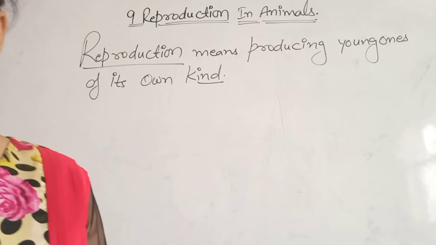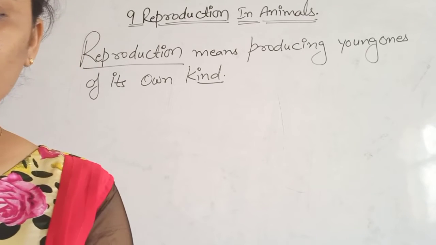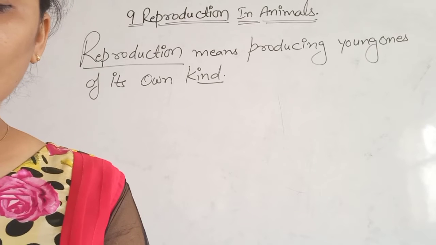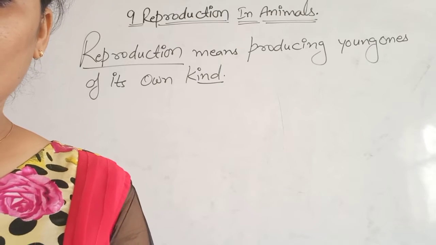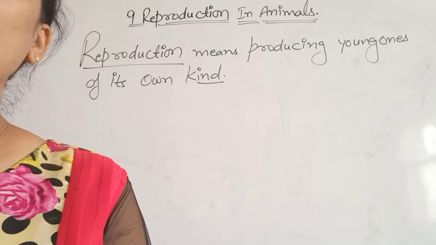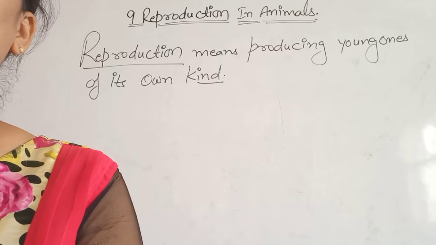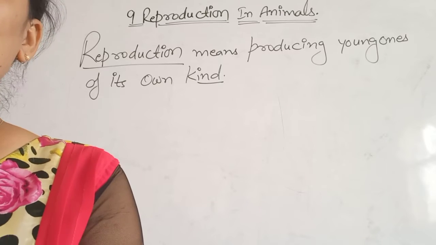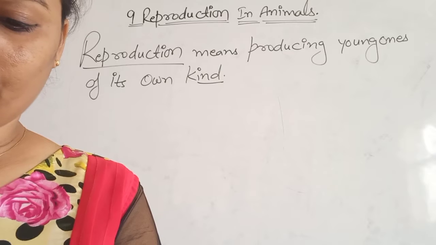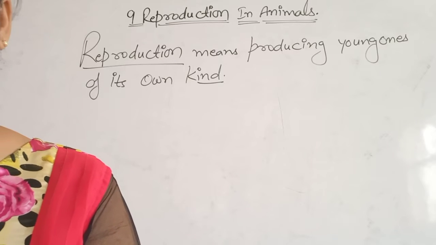It allows the organism to make more copies of itself. Without reproduction, the generation will not be continued and the species will totally vanish. That is why it is necessary for the continuation of life. So, let us discuss some definitions.